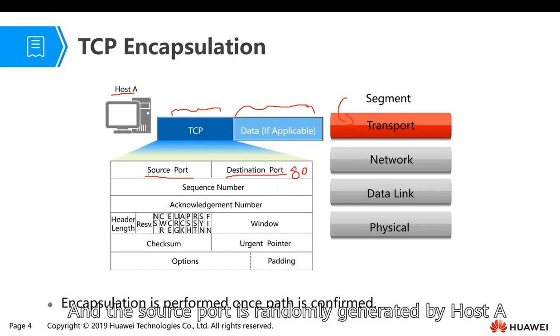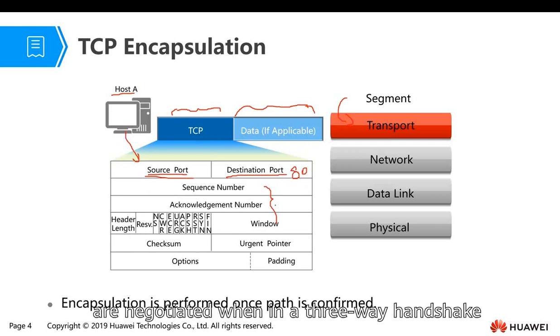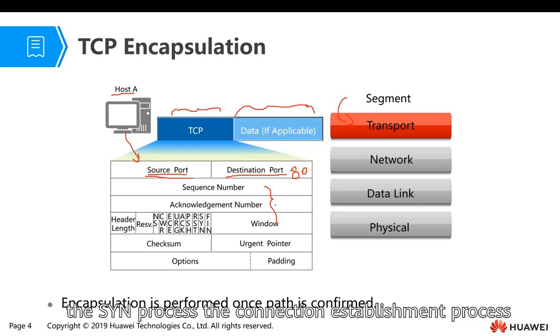And the source port is randomly generated by host A. And then the sequence number, acknowledgement number, and the window size are negotiated in the three-way handshake. Okay, the SYN process, the connection establishment process.